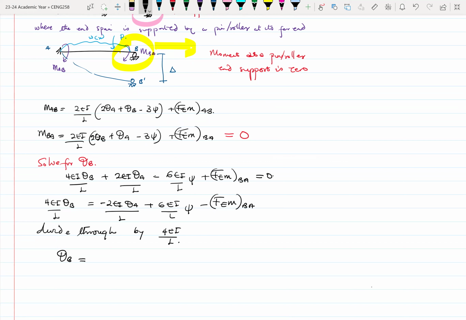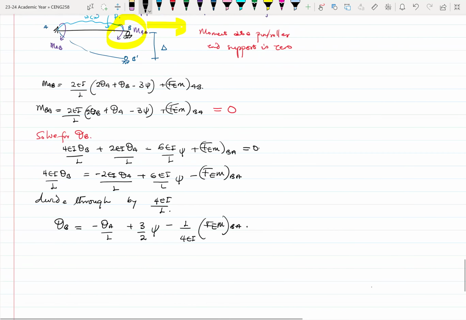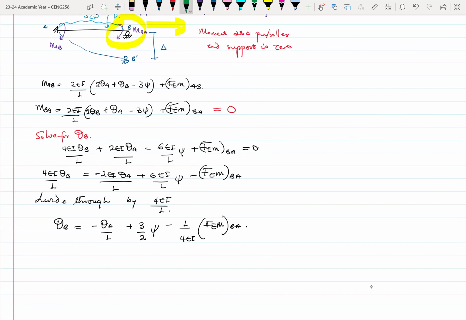So I'll end up with negative theta A over L plus 3 over 2 psi, then minus L over 4EI times the fixed end moment BA. Okay. So let's just name the equations: this is your equation 1, this is your equation 2, now you have equation 3.